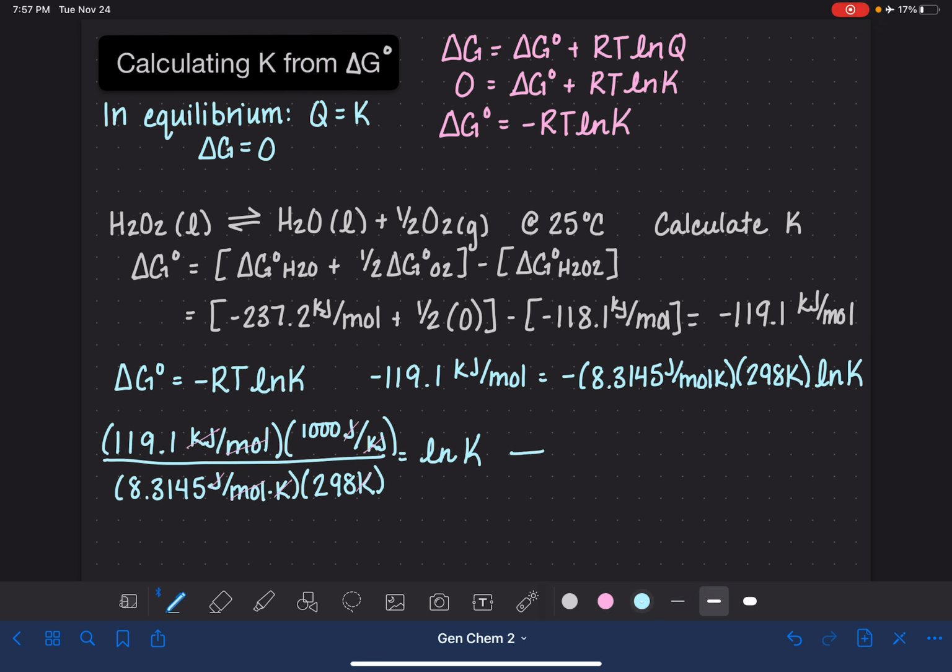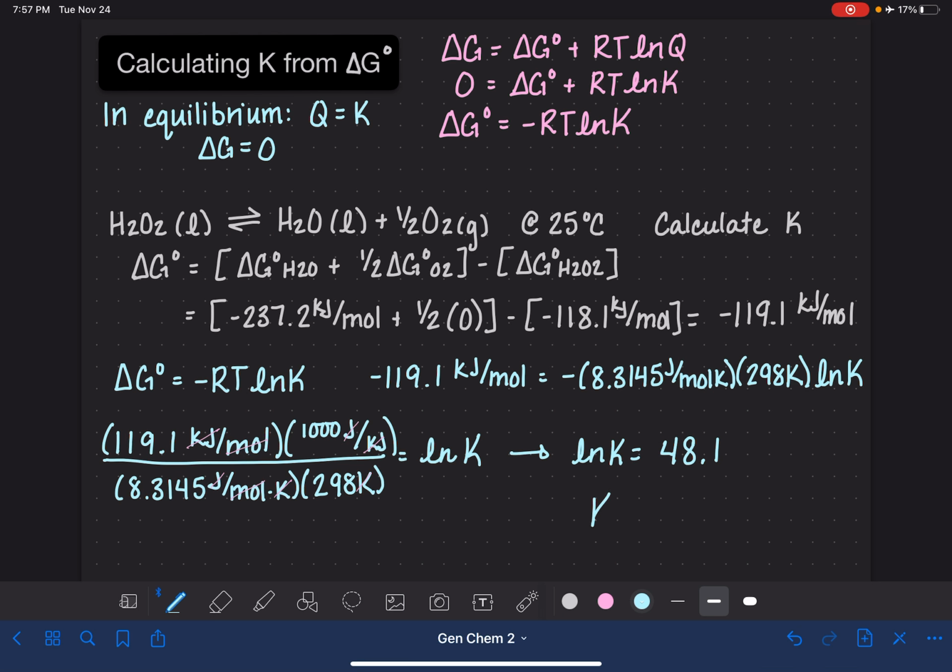And so we can work the math out on this. The natural log of K, I'm just reversing the two sides here, is 48.1, and it's a unitless number. Now remember, our goal is actually to solve for K, and the way that we do this is by taking the inverse natural log of both sides of the equation.